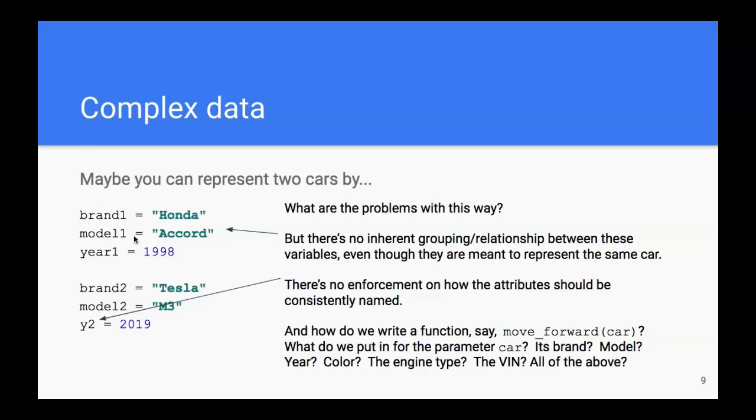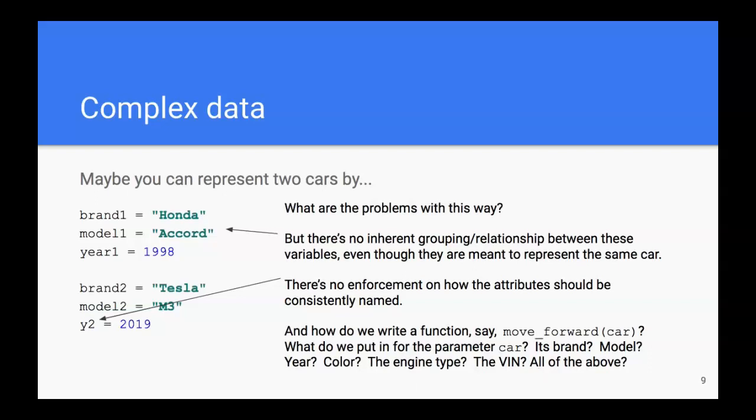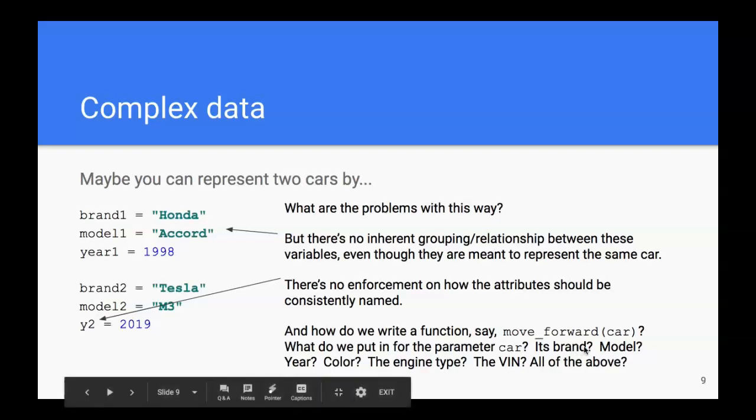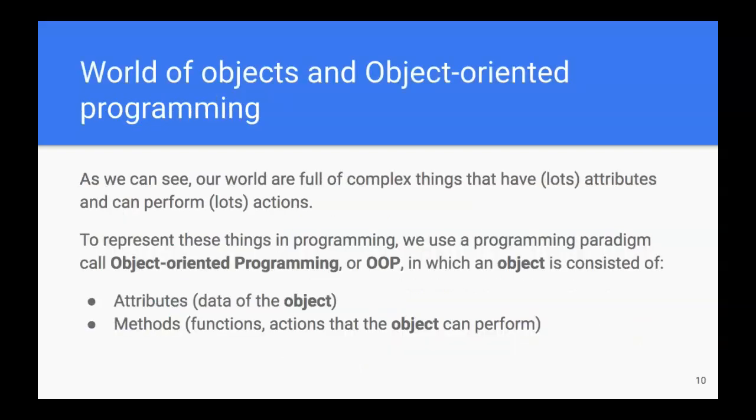Is it the engine type? And hey, maybe it's the vehicle identification number, or is it all of the above? It's a little difficult to actually represent a car using the things that we have learned so far. And that's where object-oriented programming comes in.